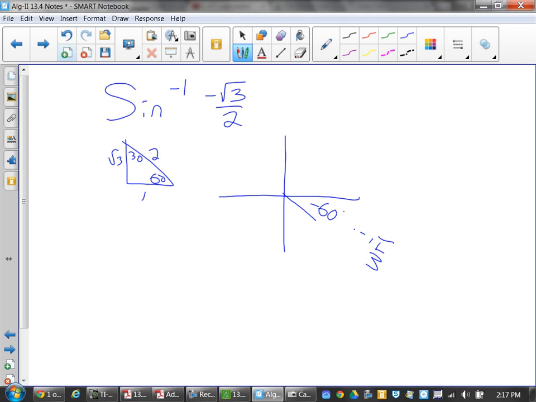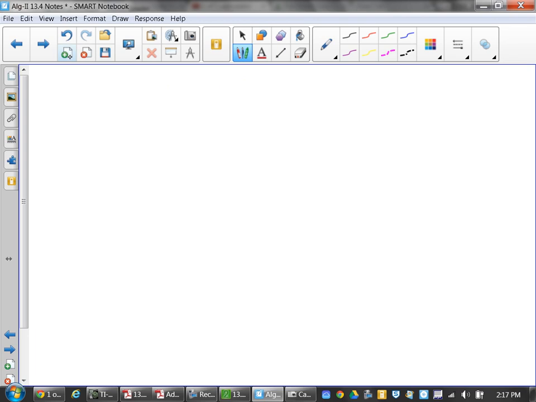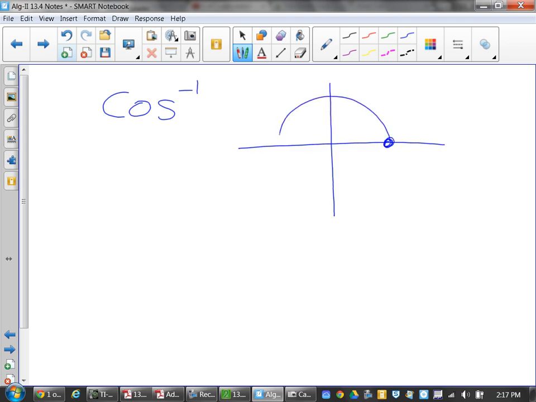Cosine, a little bit different. Cosine values, we're looking for the change between here to here. When you look at that, for cosine values, if you start your ordered pairs here, you're at 1, 0. We go to 0, 1, and then I finish at -1 and 0.